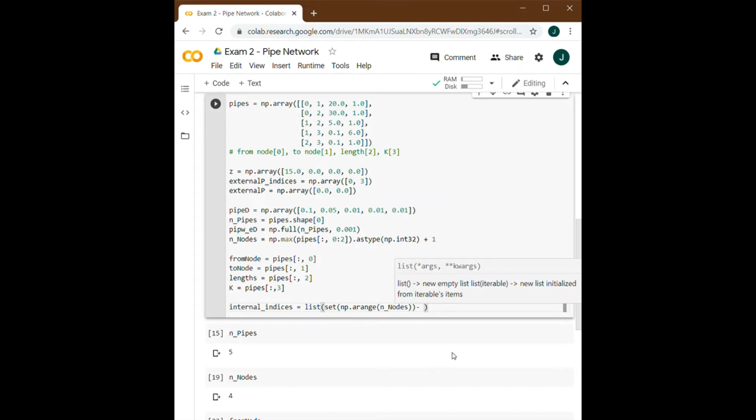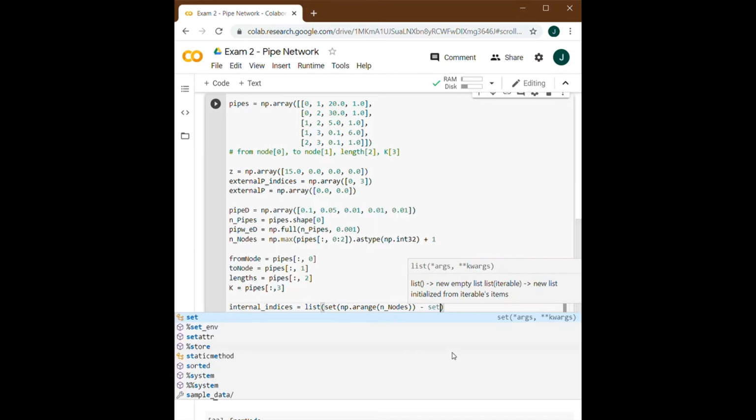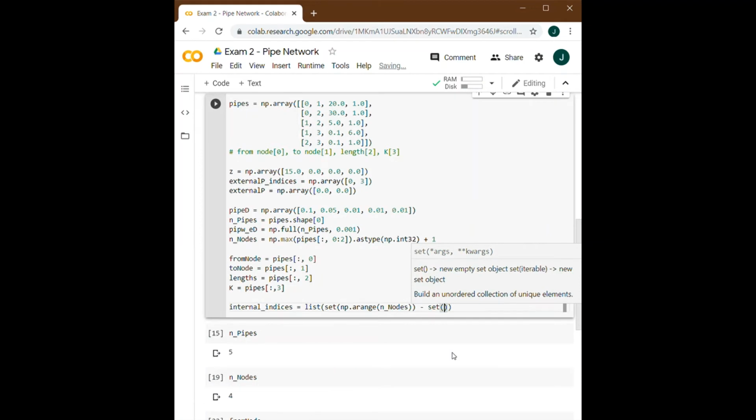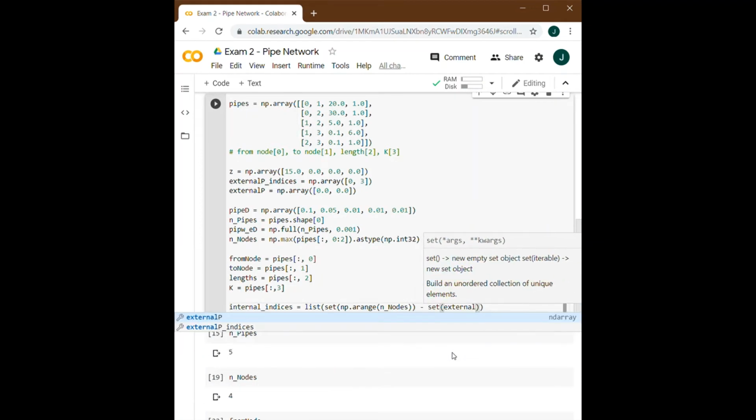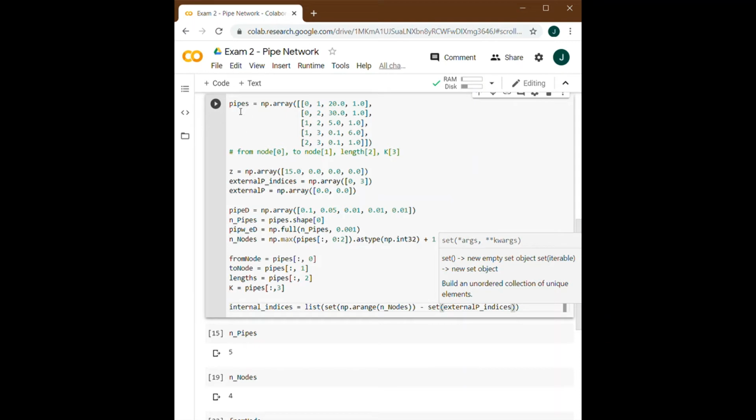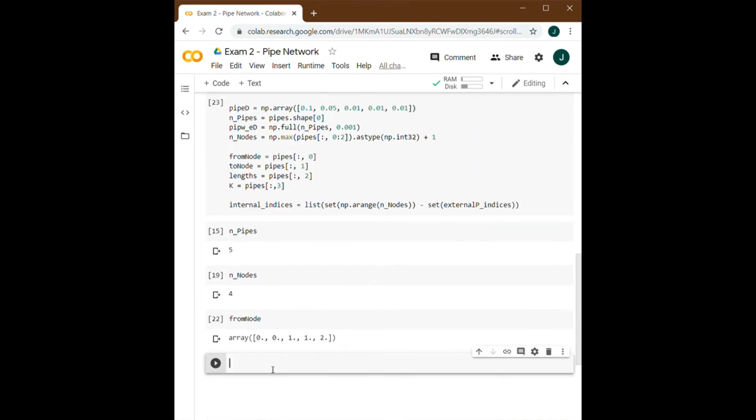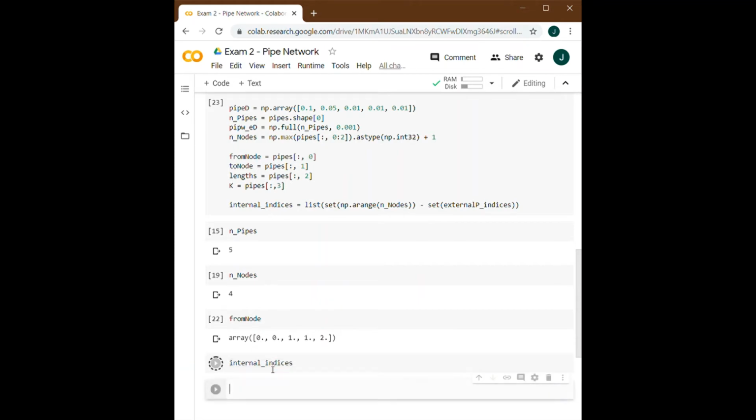Subtract this set that we just created by another set, a set defined by the external p indices that we got from above. So we're going to run that, and then we're going to test this.